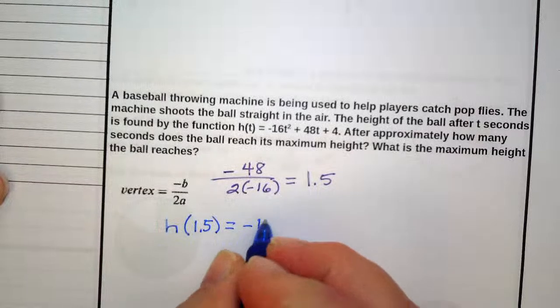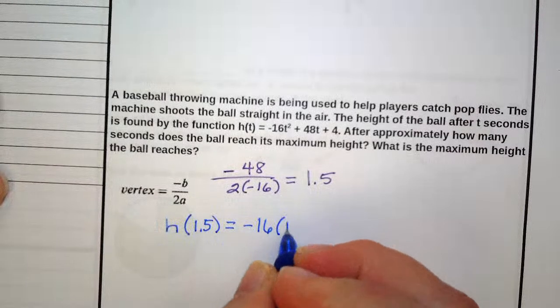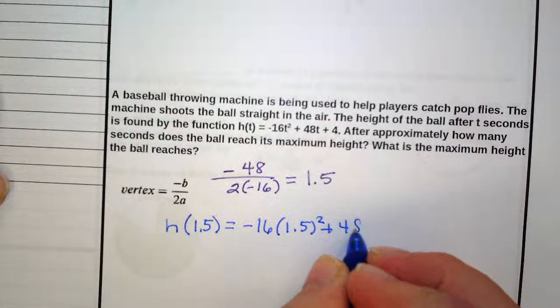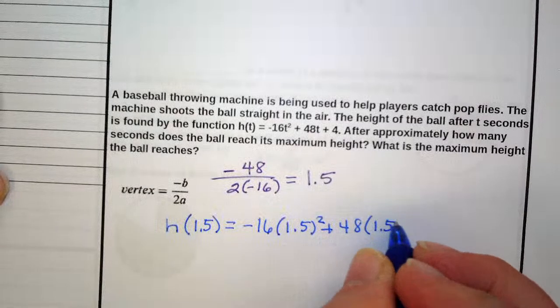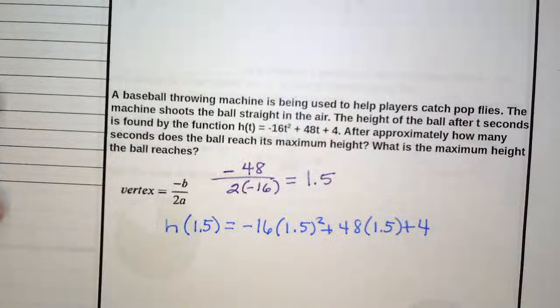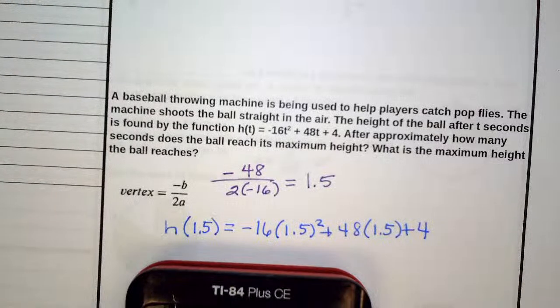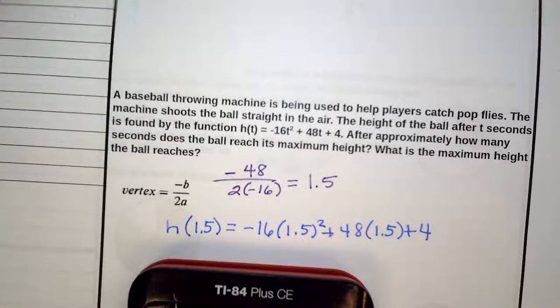We get negative 16 times 1.5 quantity squared plus 48 times 1.5 plus 4, and I get 40 again.